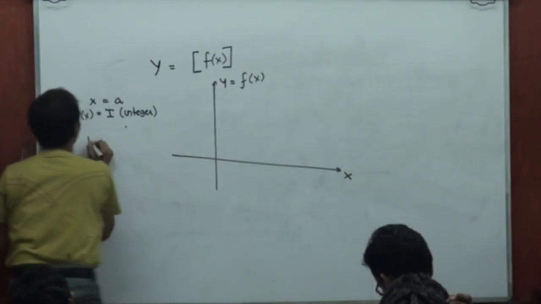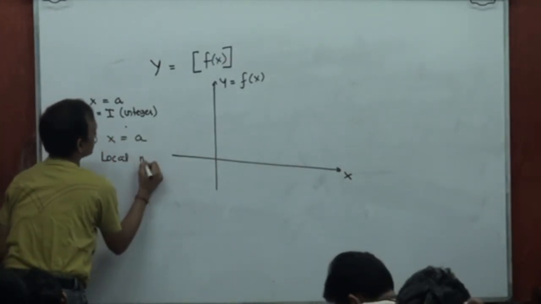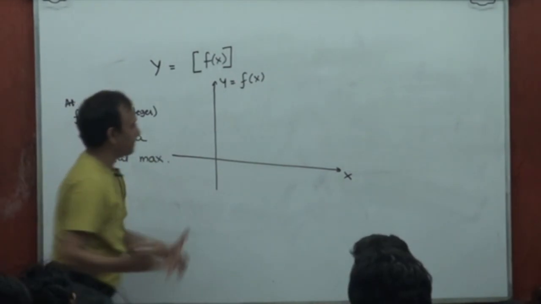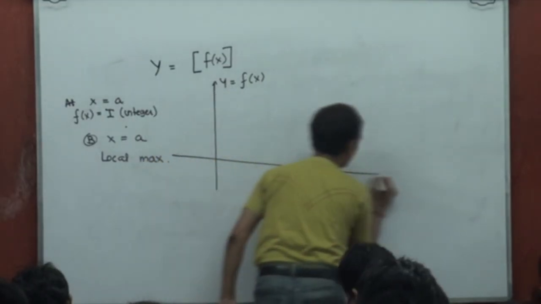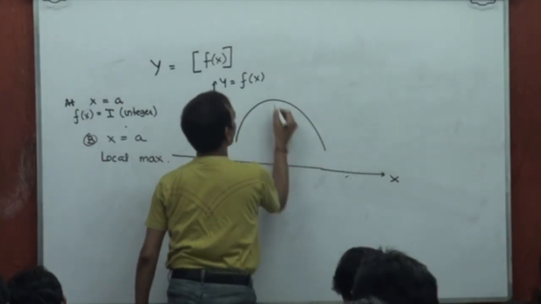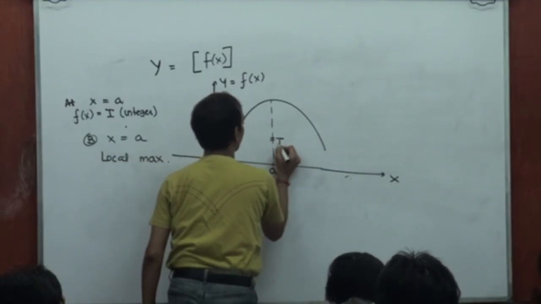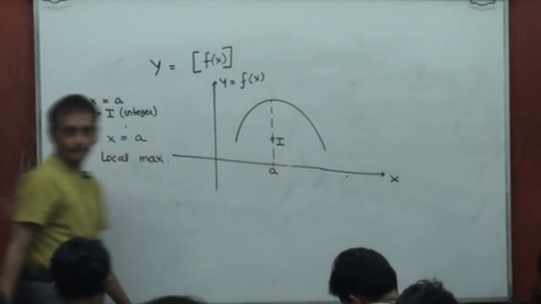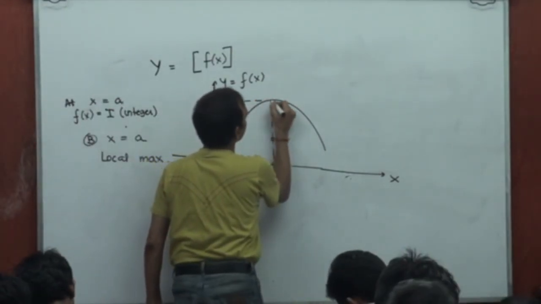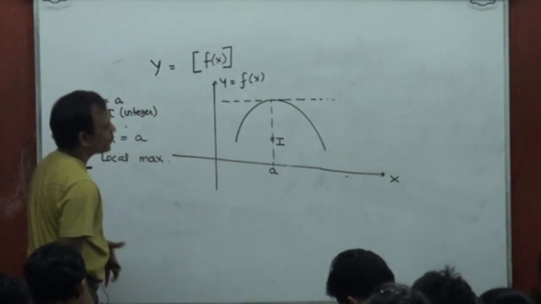So let's say at x equal to a, we have a local maximum, and the function assumes an integral value I at x equal to a. There is a local maximum very clearly.